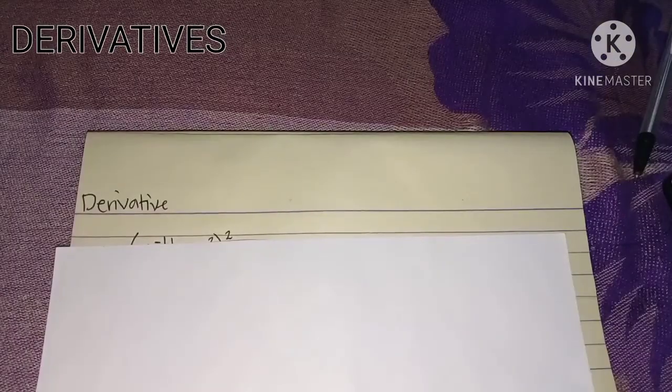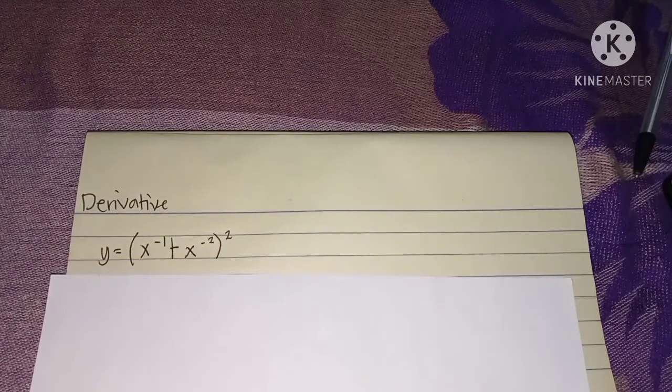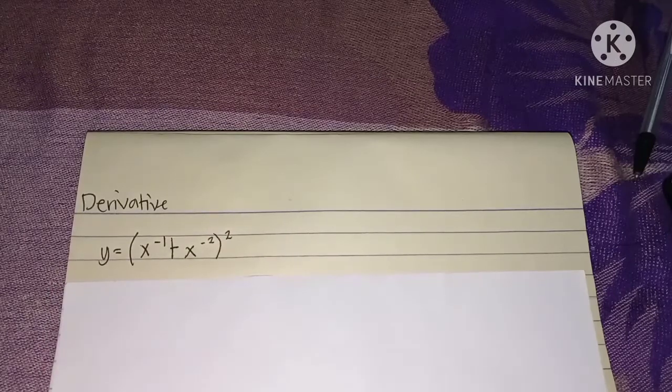So here's our example. We'll take the derivative of y equals 2x, quantity x raised to the power of negative 1 plus x to the power of negative 2, quantity squared.